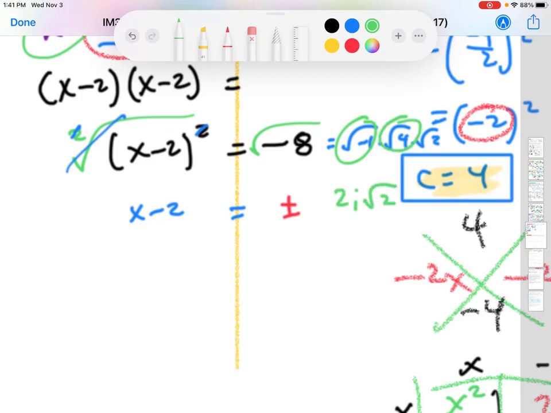And that becomes the radical 2. And then we just add 2 here. That goes to the right. Okay, so let's double check our answer here. And that is our correct answer.